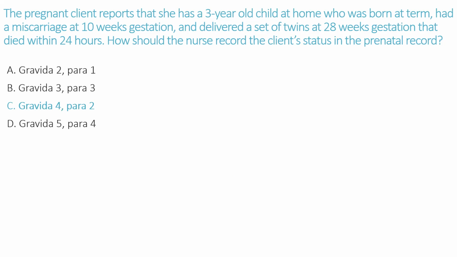I think maybe they put 3 for the para because of the twins. Twins, you would only count as 2 if it's the living. If it asked for the living, you would have put that. Actually this is not a good question, but the twins did die within 24 hours. So that's what that would be.